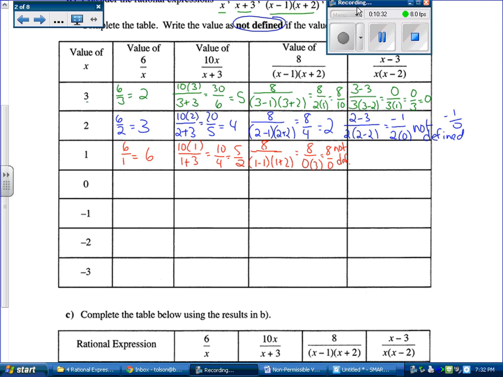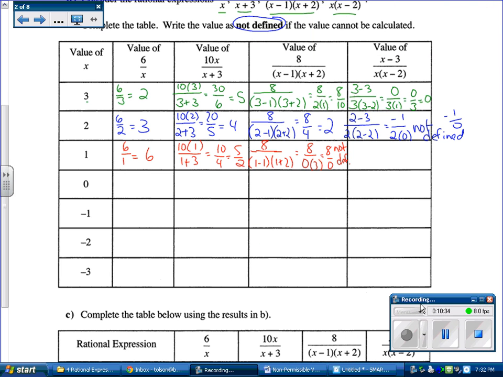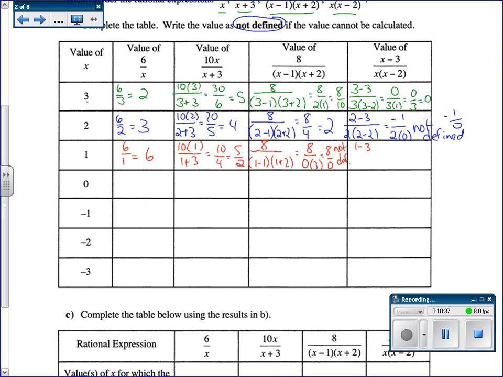And, oh, I've covered that up there. Put this down here. 1 minus 3 over 1 times 1 minus 2 is negative 2 over 1 times negative 1, so that's just 2. 6 over 0 is not defined. 10 times 0 over 0 plus 3 is 0 over 3, or just 0. 8 divided by 0 minus 1 times 0 plus 2 is 8 divided by negative 1 times 2, which is negative 4.